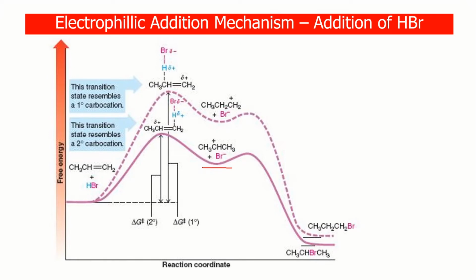And according to Hammond's postulate, the transition state here is much closer to that of the Markovnikov species.